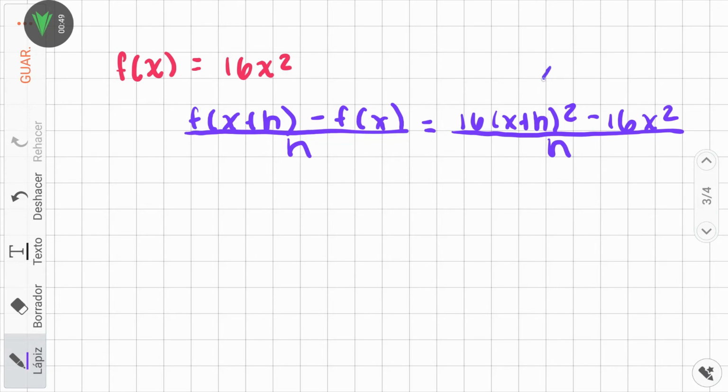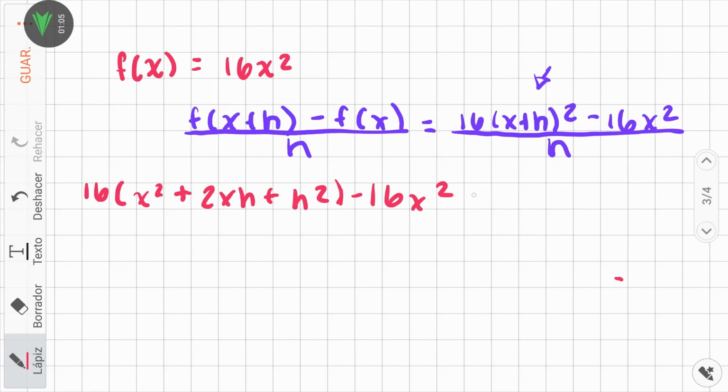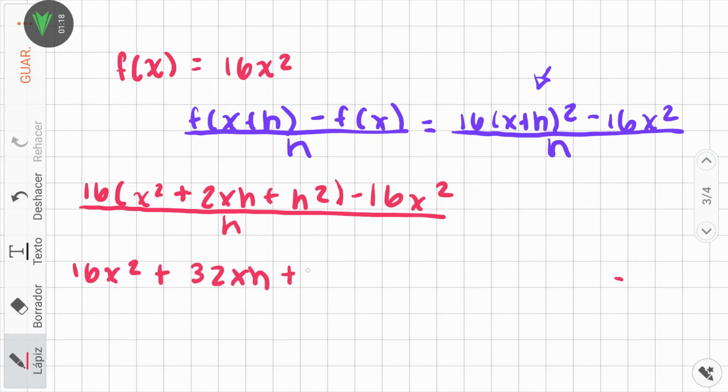Now let's solve this x plus h squared, and that will be 16 times x squared plus 2xh plus h squared minus 16x squared over h. And now if we continue, this will be 16x squared plus 32xh plus 16h squared minus 16x squared.